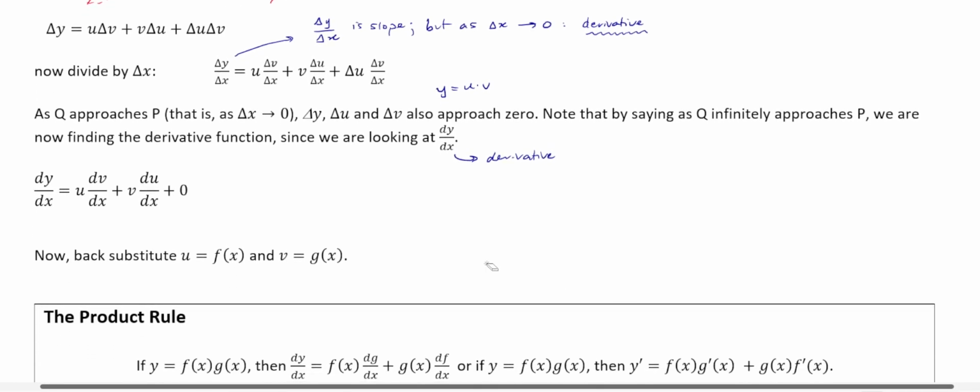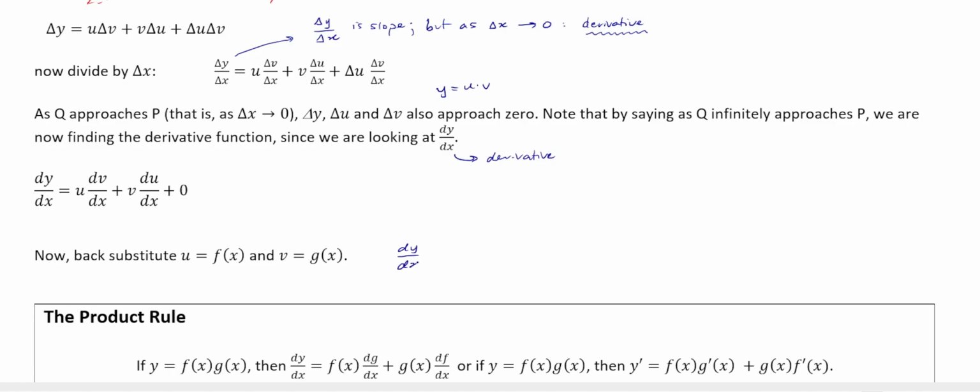Now we back substitute u is f at x and v is g at x. So then dy/dx is f at x times the derivative of g at x with respect to x, plus v, which is just g at x, times the derivative of f at x.